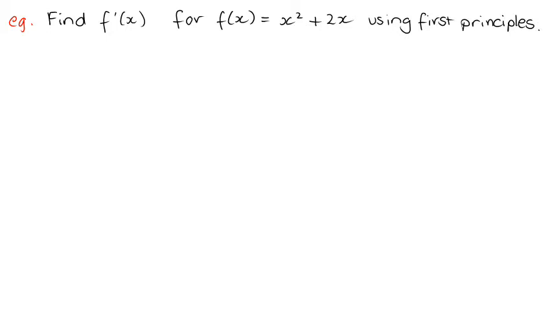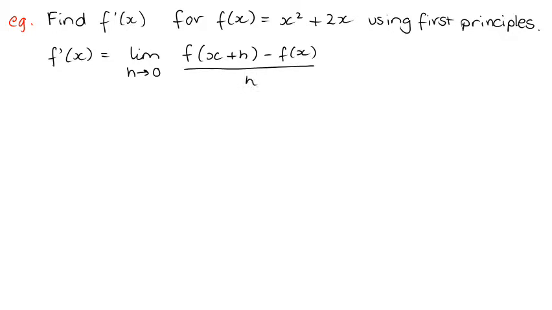We'll write down the formula. So the derivative equals the limit as h approaches 0 of the gradient that connects the chord. Now you don't know yet what f of x plus h is, and you don't know yet what f of x is. You've got to figure it out. Oh, you know what f of x is because it's written right up here.